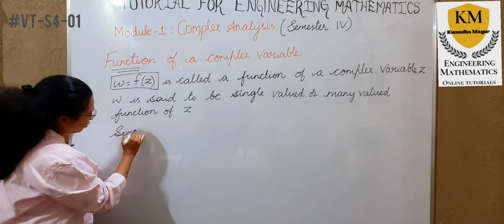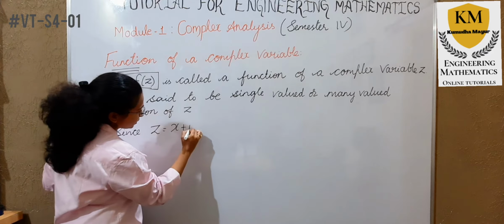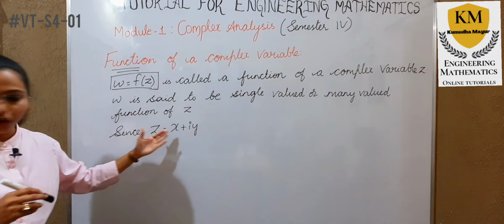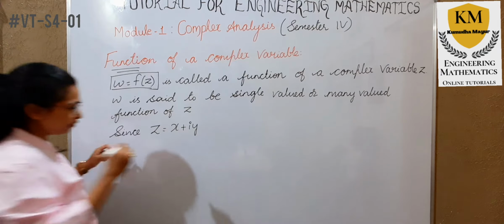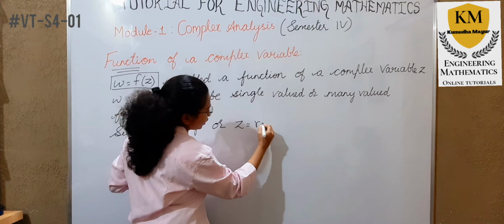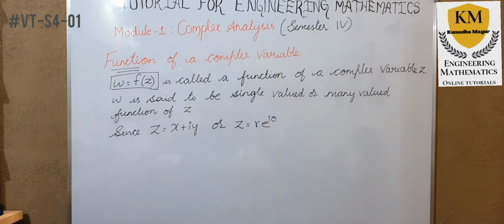Since we have already learned that z is equal to x plus iy, isn't it? This is called the Cartesian form. Even we can write this as z is equal to r into e to the power i theta. So both give the definition of a complex variable.